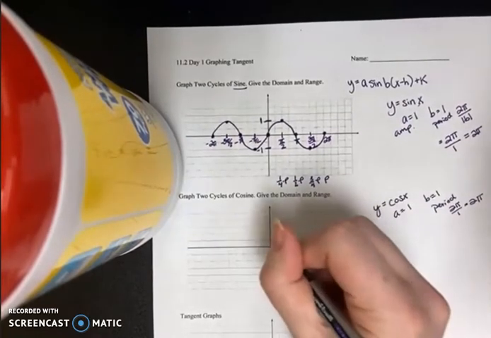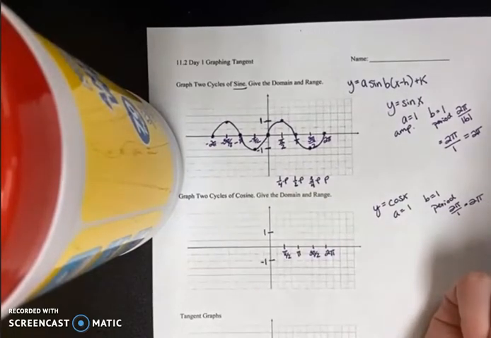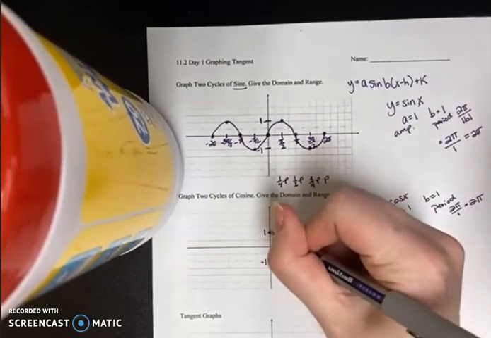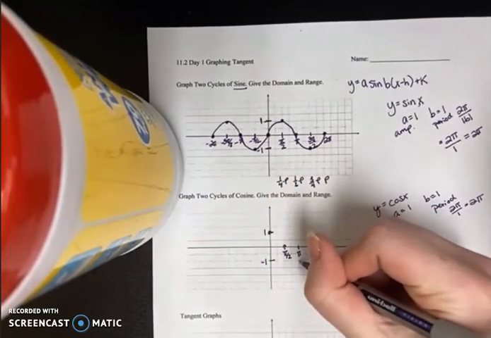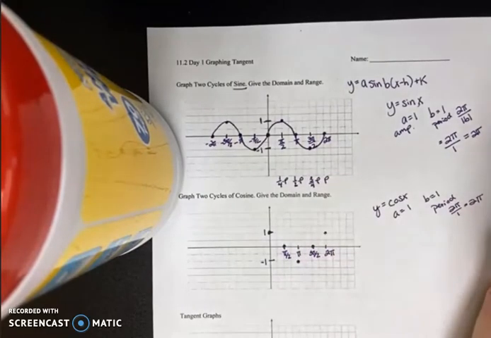Amplitude is the max and the min. I'm doing a scale of 1/2 to get 1 and -1. Now cosine has the pattern max, x-intercept, min, x-intercept, max.